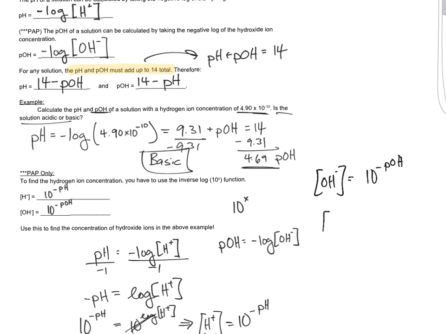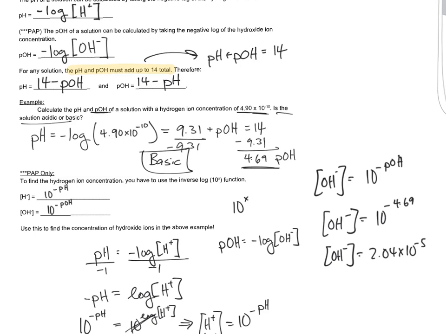So you do hydroxide ion concentration equals 10 to the negative 4.69. And you just type that into a calculator. Simple as that. That gets you that the hydroxide ion concentration should be 2.04 times 10 to the negative fifth.